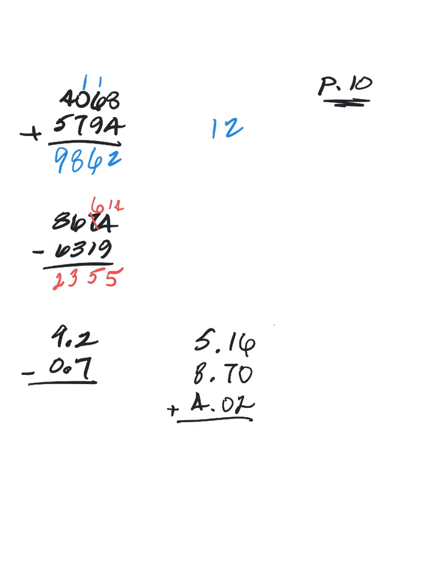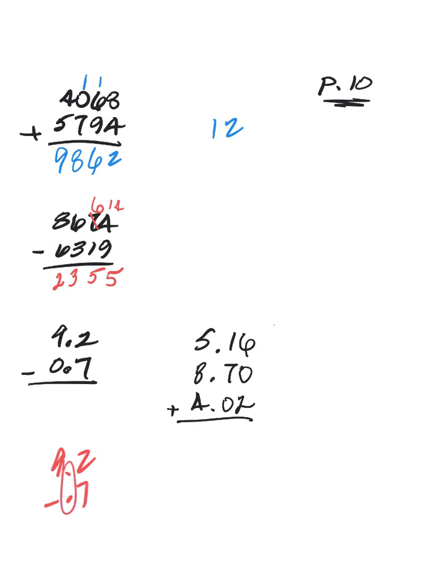And then we're going to do a little bit of addition and subtraction of decimals. So let's start out with this first one here. One of the key things when you're adding or subtracting decimals is the decimal has to be lined up. We cannot write this as 9.2 minus 0.7 if the decimals aren't lined up.